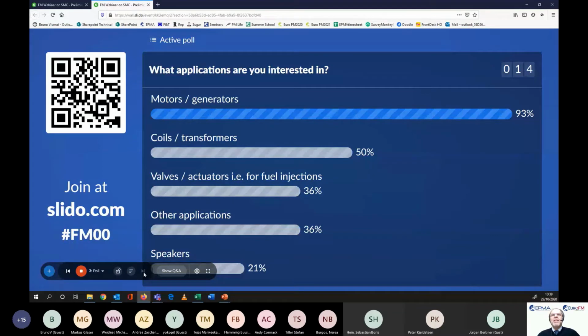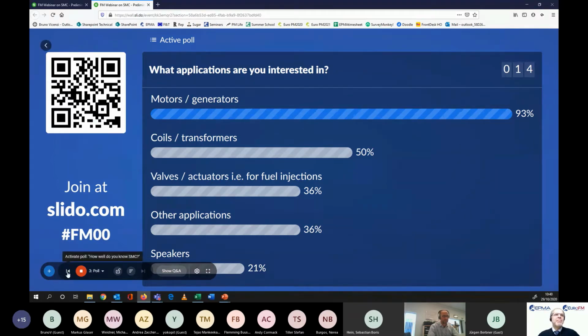Right. I don't know if you want to comment a little, maybe a minute, about these results, Peter and the speakers, and then we can start probably with the presentations. Yeah, I thought it very interesting to see that several of the participants today have never heard of SMC before and are here just to learn.